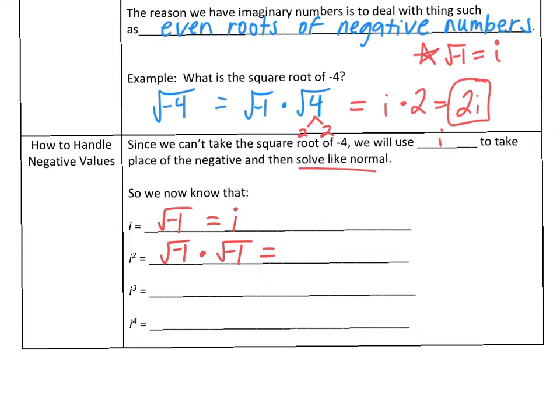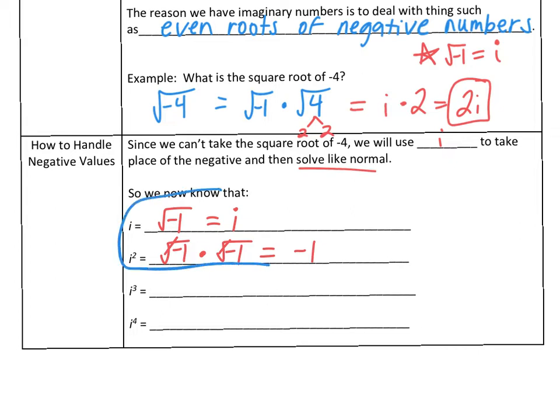And what happens when I am multiplying by a radical that has the same radicand? Yeah, it cancels out the sign. So when it does that, my answer is just going to be -1. So what I'm saying here is that i is the square root of -1, and i squared is going to be -1.